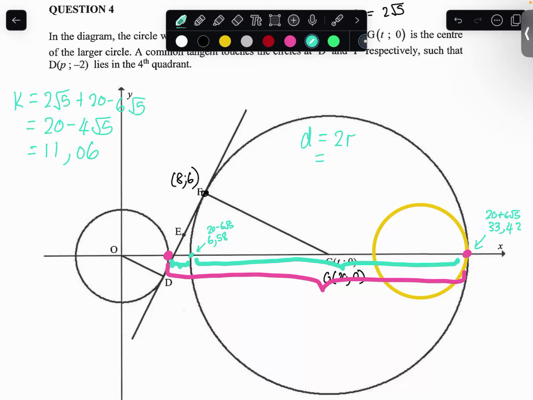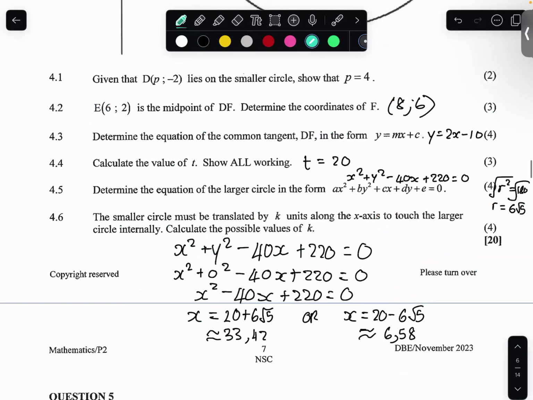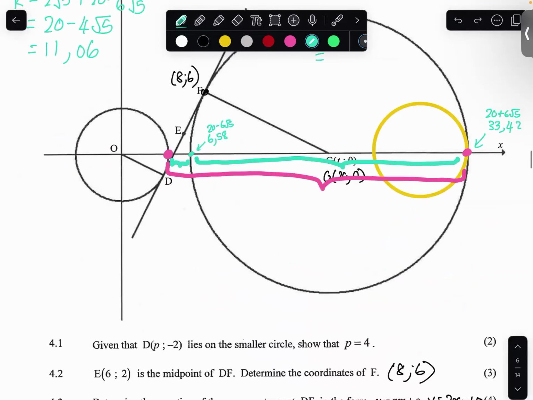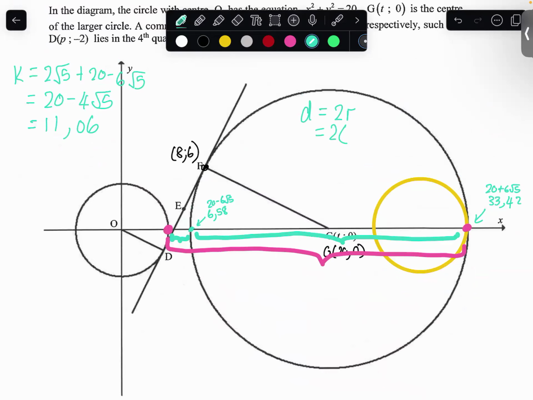And the radius of the biggest circle, we figured it out here, it's 6 root 5. So to get this blue distance here, this is 2 into 6 root 5, which gives me 12 root 5, right? That's just this distance.